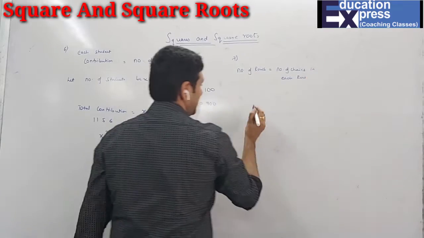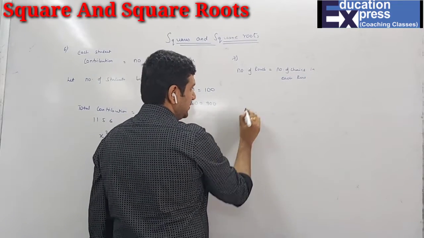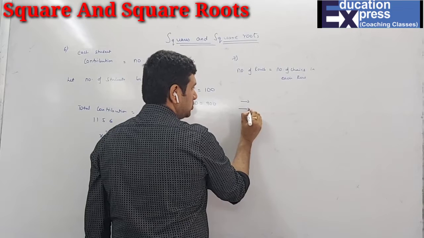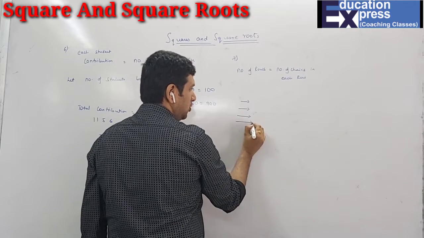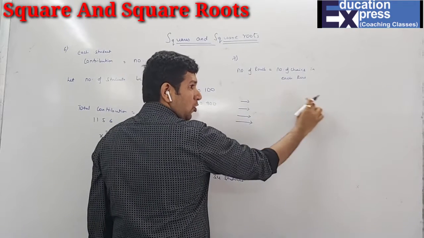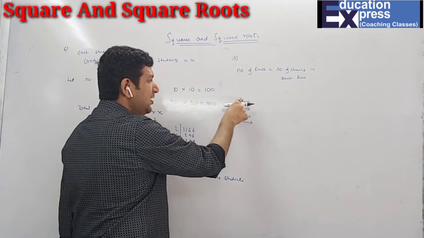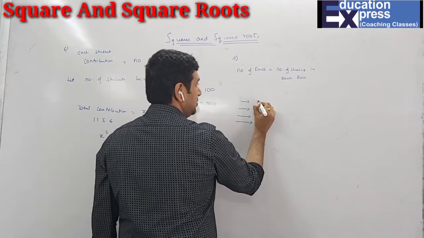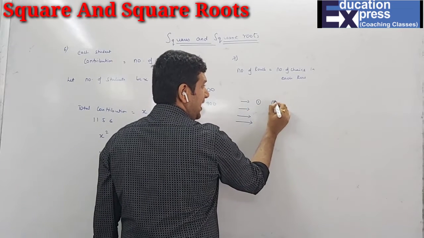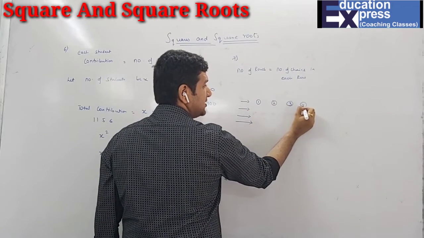Okay, now students, let us say if I have 4 rows, so row 1, row 2, row 3, row 4. Each row has how many chairs? Equal to the number of rows. That means there are 4 rows, no? So each row will have 4 chairs.